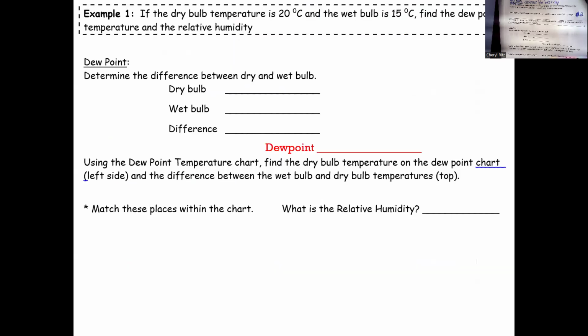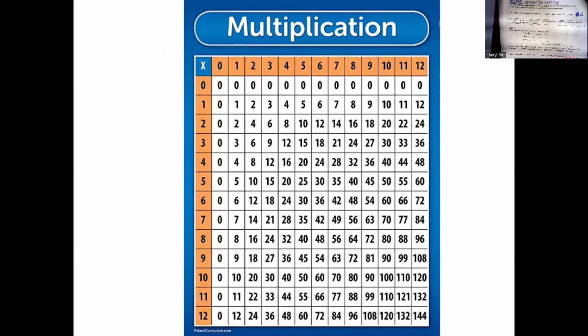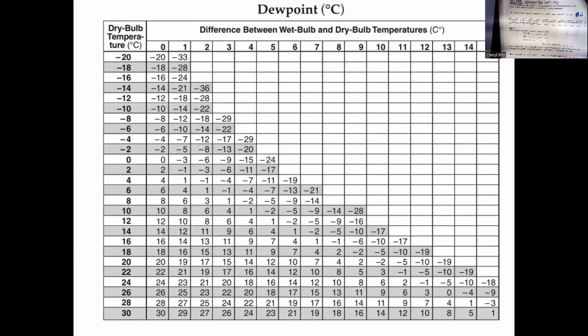So let's give this a whirl. Can you do this first one that's on page 34? It says, if the dry bulb is 20 and the wet bulb is 15, find the dew point and the relative humidity. I did give you a blank for that. So let's do the dew point first. What number do I point to on the dry bulb side? 20, the actual air temperature.